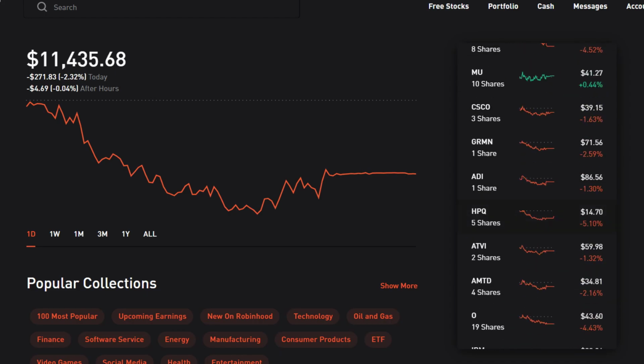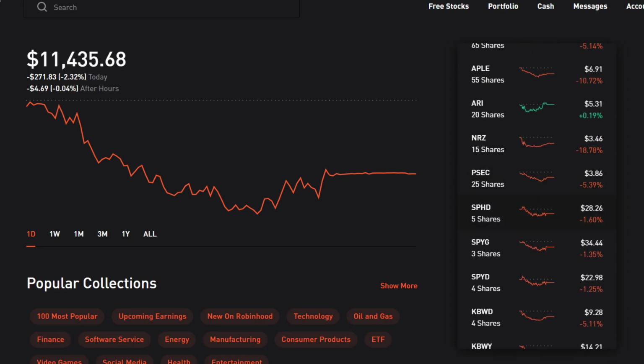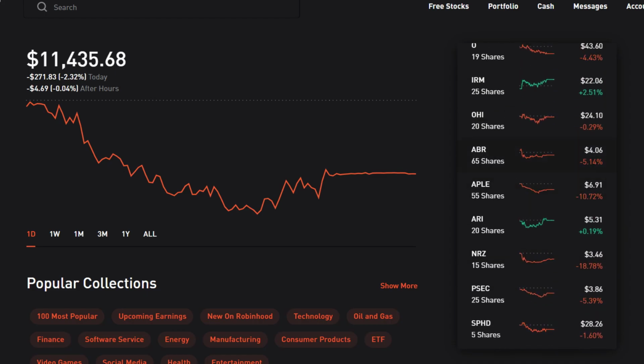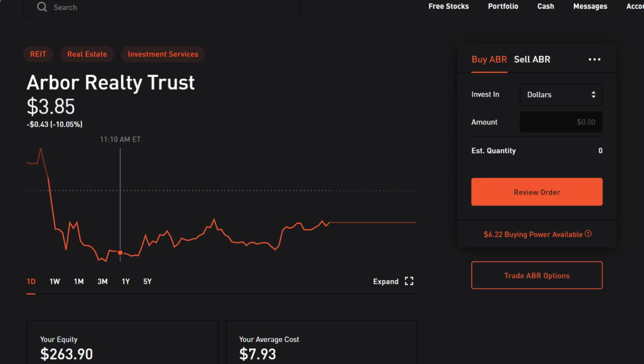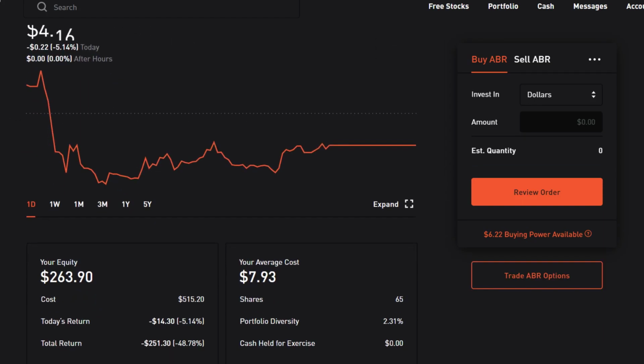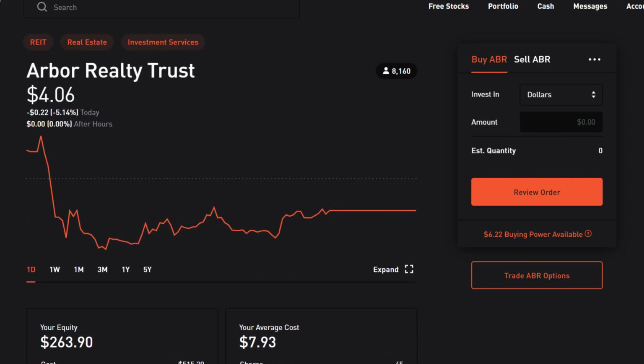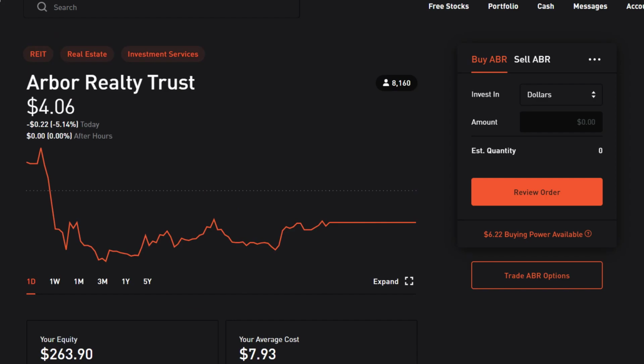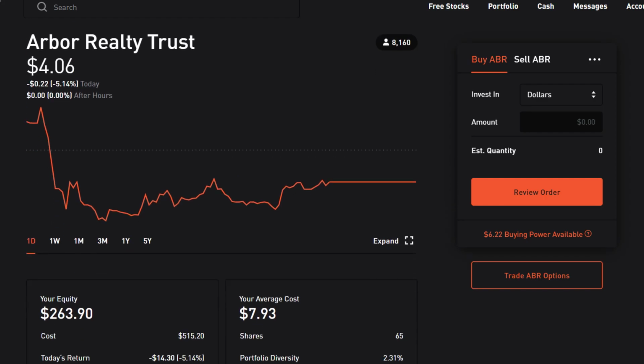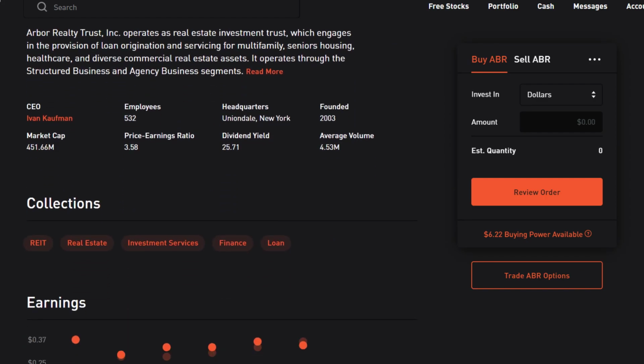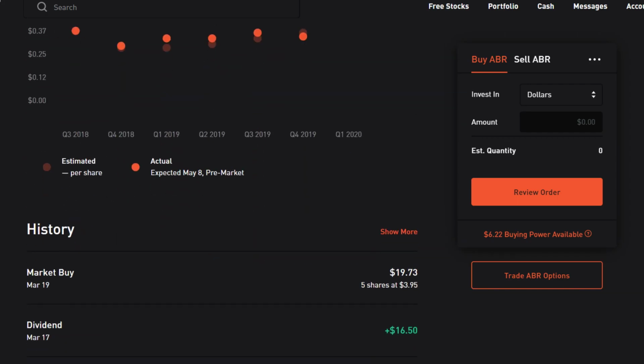I'm going to give an example here of a stock, and we'll just do the math real quick and see what it looks like. So let's go into Arbor Realty Trust, a stock that's really below cost basis, and one that I think I've put a good bit of money into. I'd consider putting more at this low price for sure, but for now I'd be completely complacent just with a little bit of a dividend reinvestment.